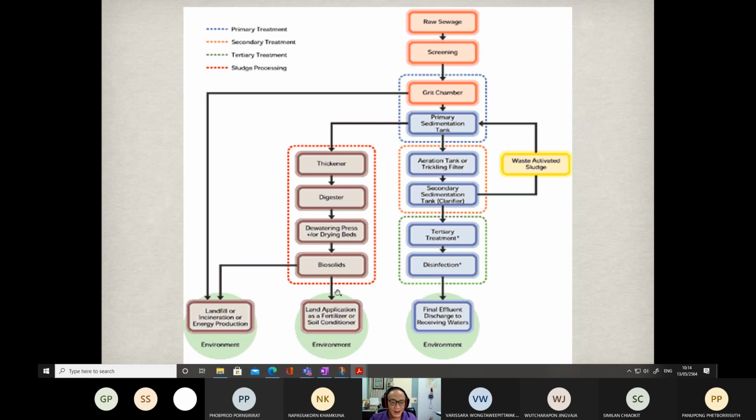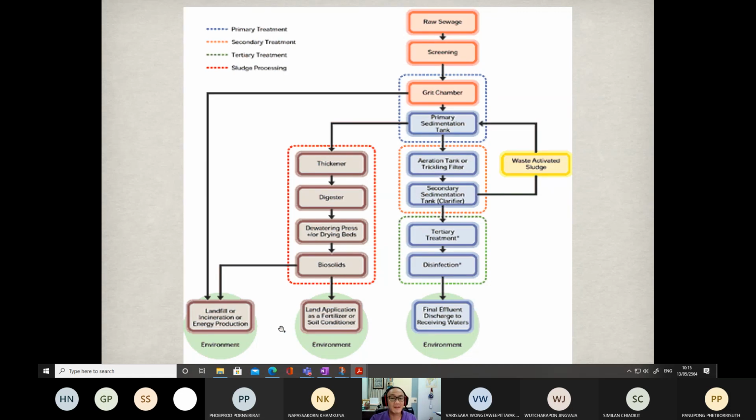We may apply it onto the lands, or at agricultural areas. We use these stabilized sludge as fertilizers or soil conditioner. So this is how we use the sludge, and somehow we may apply it, or we may have to put it in the landfill.